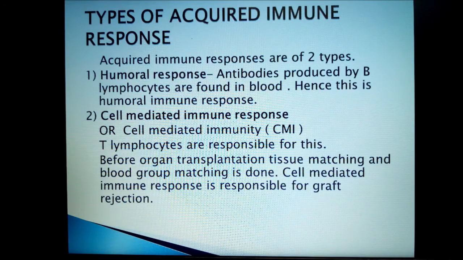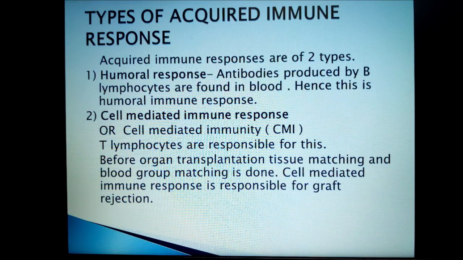Let us see the types of acquired immune response. Acquired immune responses are of two types. Humoral response: antibodies produced by B lymphocytes are found in blood, and hence this is called humoral immune response.